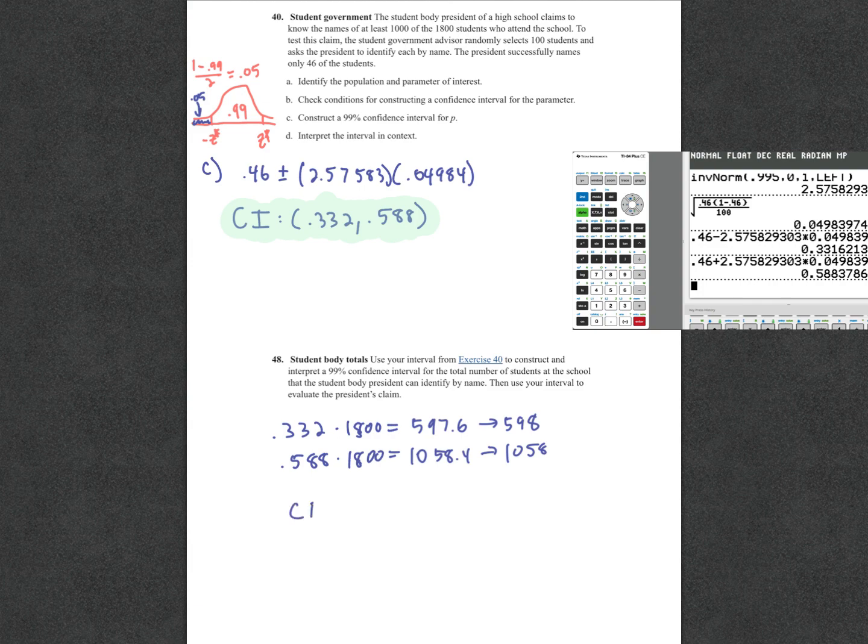So now our confidence interval, not for the proportion but for the number of students, will be 598 to 1,058. And then you can look in the answer key for the rest.